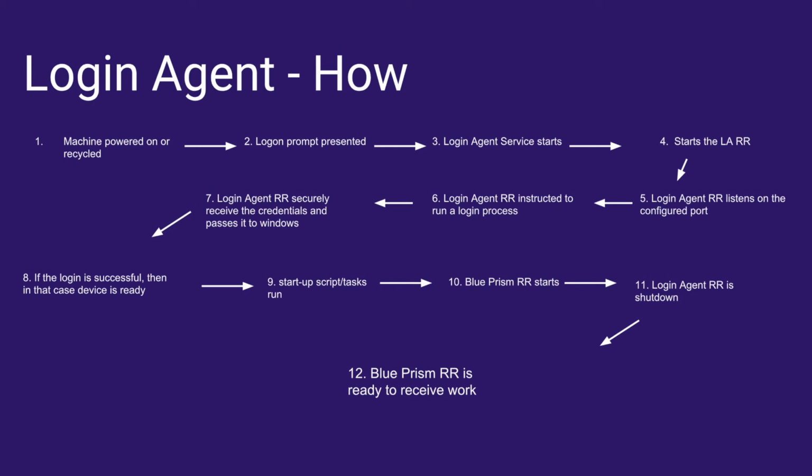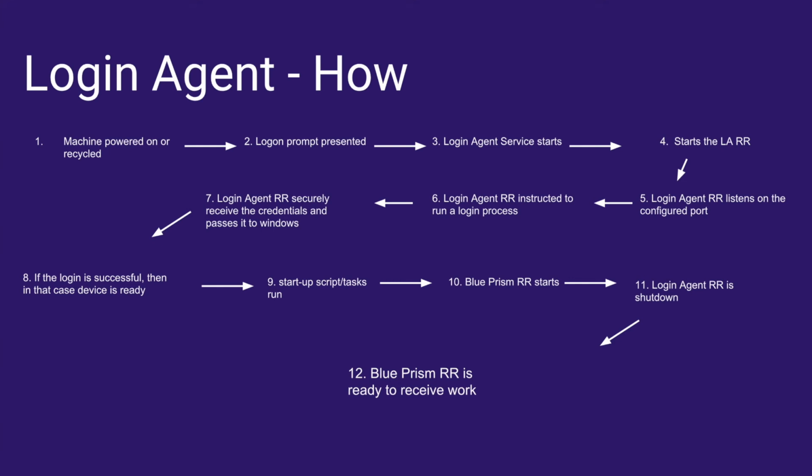That is number 9. And it will start the Blue Prism runtime resource, and also as per the configuration or documentation, the login agent runtime resource will shut down while the Blue Prism runtime resource is coming up, and finally the Blue Prism runtime resource will be ready.